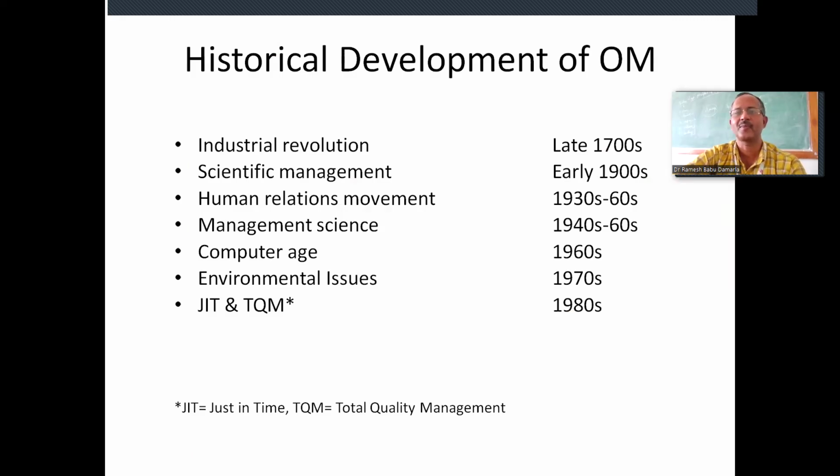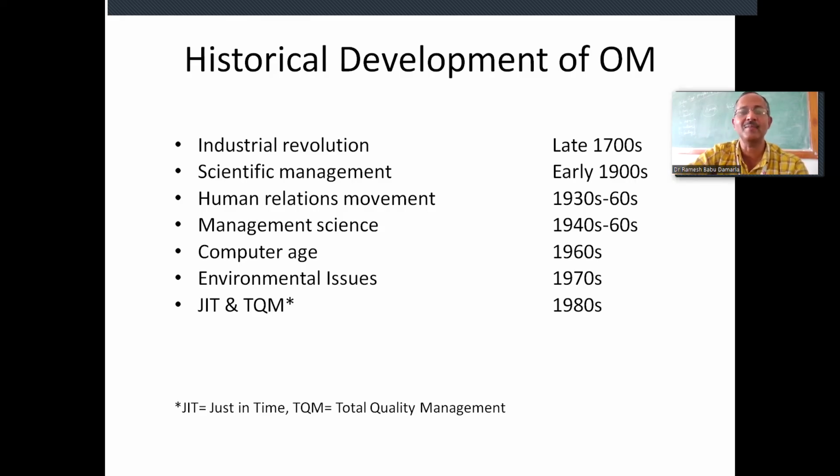Let's also see historically how these concepts developed. You all know the Industrial Revolution happened in the late 1700s. Initially, during wartime, people required a lot of logistics, machinery, support services.